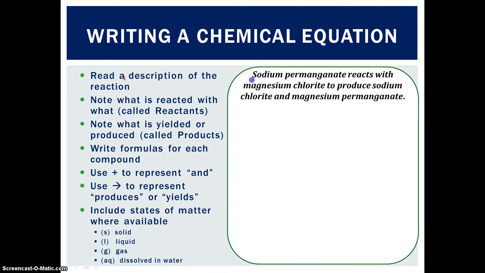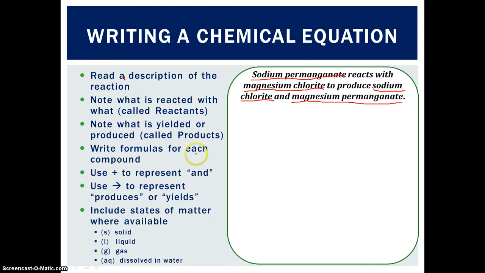The sodium permanganate reacts with magnesium chloride. These are our reactants. And then sodium chloride and magnesium permanganate are produced.